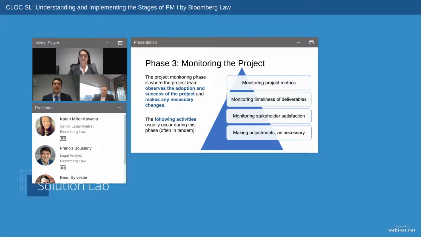Second, monitoring stakeholder satisfaction is also important. This helps the project team know how management and other stakeholders feel about the project, and if they desire any changes down the road or any that need to be made now. And finally, this information helps to make adjustments. Making adjustments is a critical part of the monitoring part of a project.